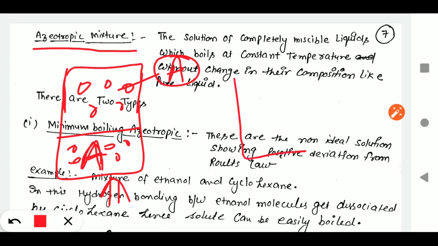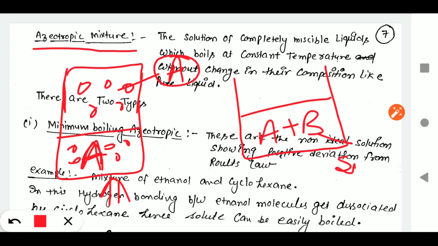Suppose I am taking a mixture in which two components, A and B, are there. Suppose this is sugar, or salt, or any other component, and this is water. When you heat at high temperature, then what will you observe?